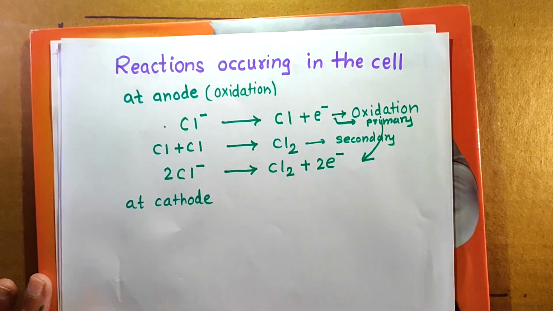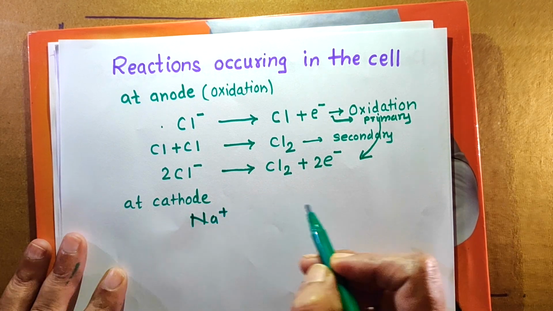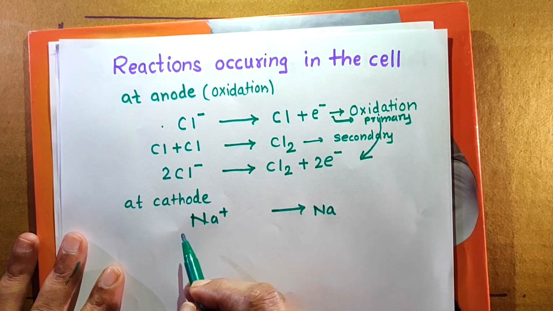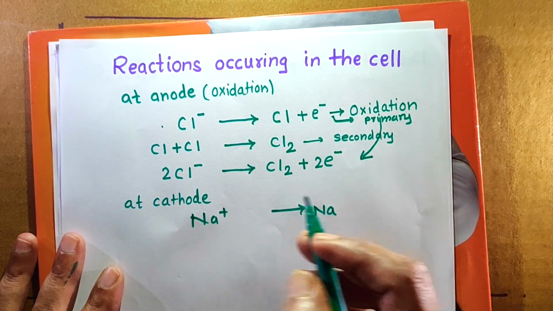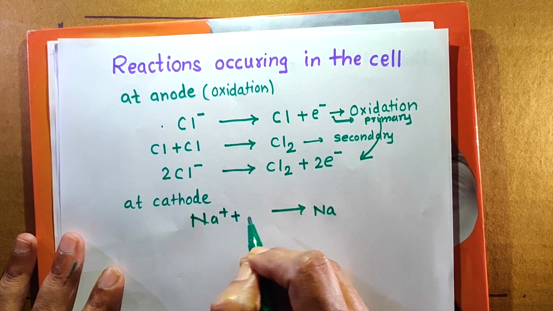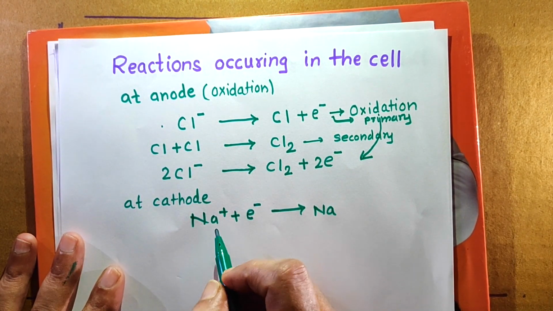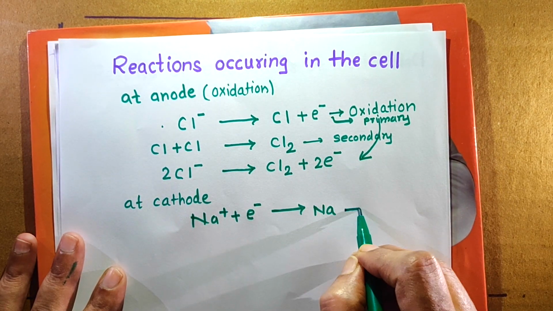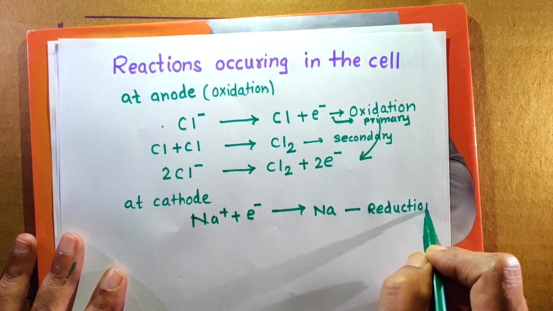Na plus ions are converted into Na atoms. How? Na plus, a positively charged ion, takes one electron and is converted into Na. So this reaction is gaining of electron, and so it is called a reduction reaction.